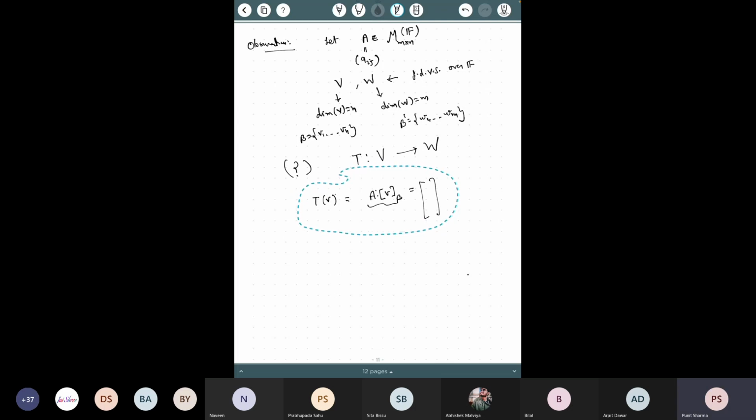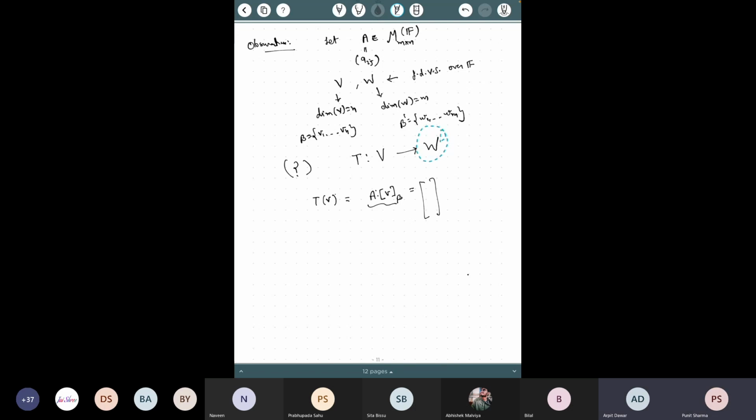You have the matrix A multiplied with this vector, the matrix of v. This is a column vector here. Can you use the entries of this column vector and make a vector in W? If you have these m coordinates, or m scalars, using them can you make a vector in W?